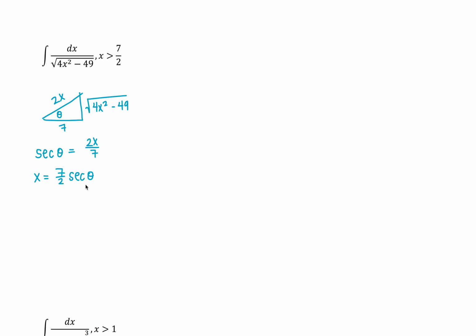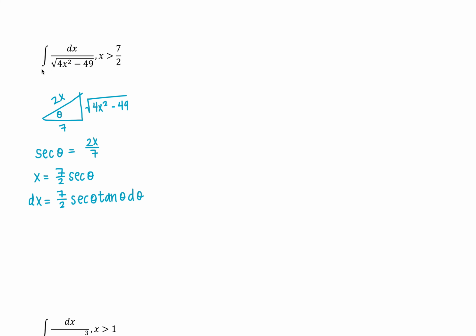Remember, I'm solving for x just so I can find dx. So in this case, dx is going to be 7/2 secant theta tangent theta d theta. So I've got that part taken care of.